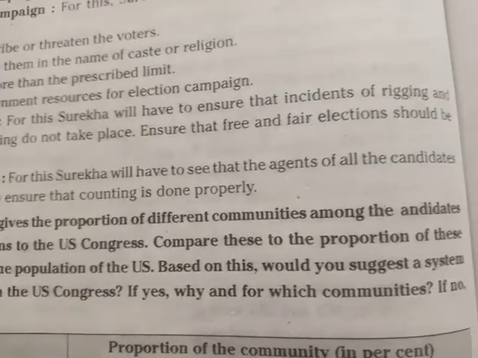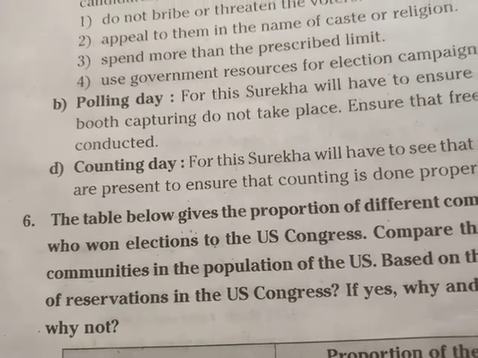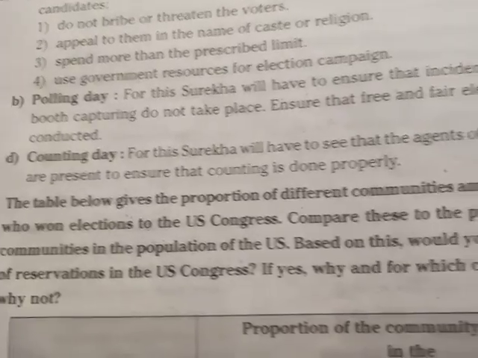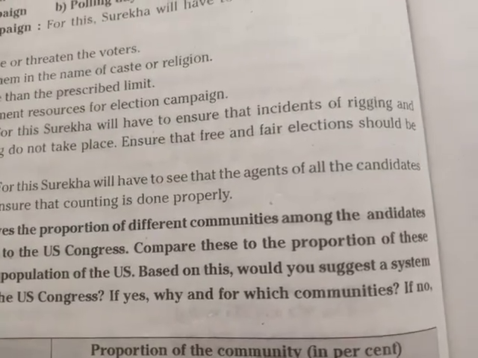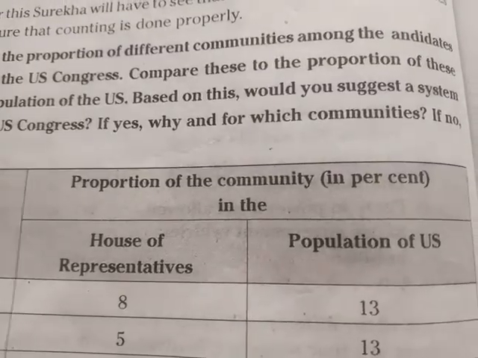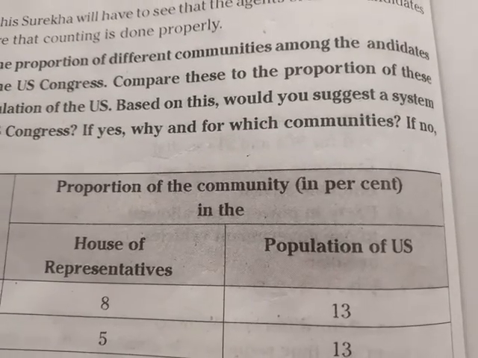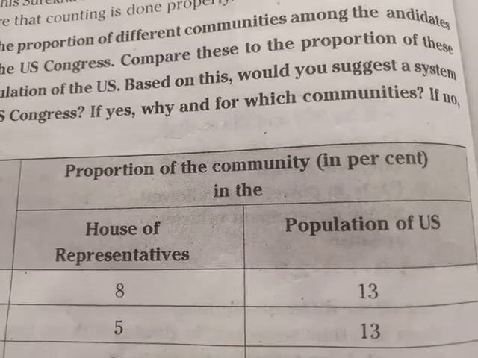Based on this, would you suggest a system of reservations in the US Congress? If yes, why, and for which communities? If no, why not? Proportion of the community in percent in the House of Representatives.